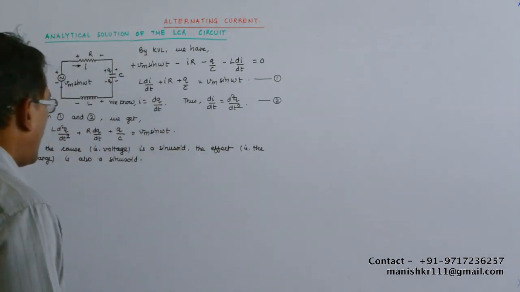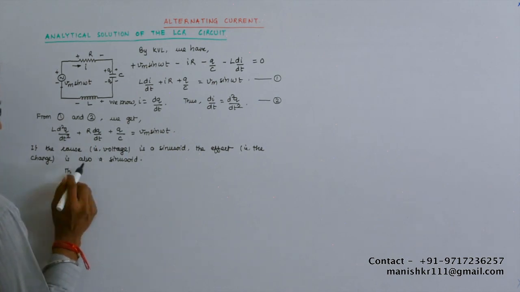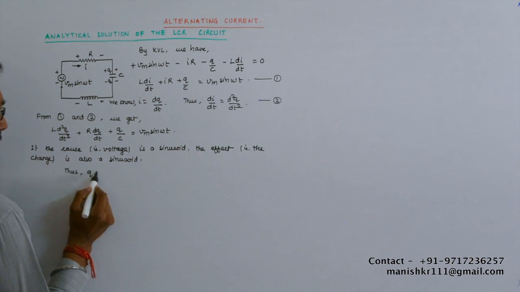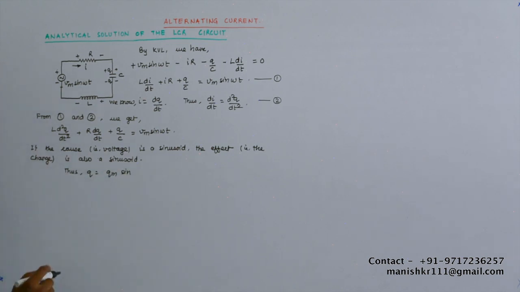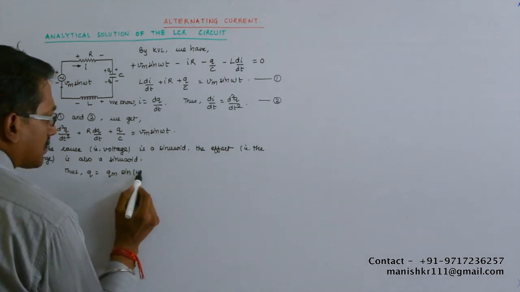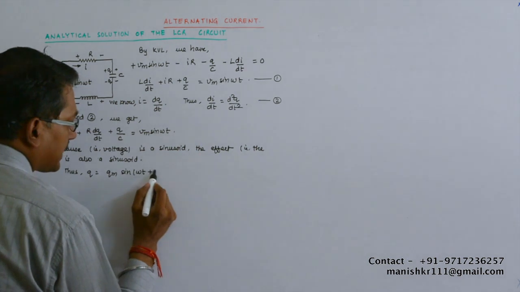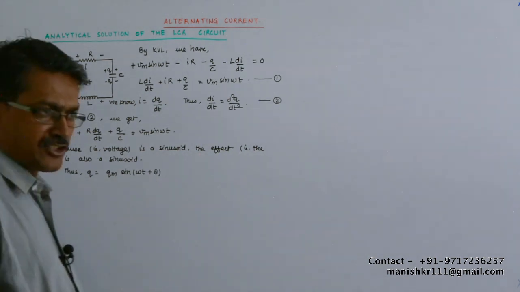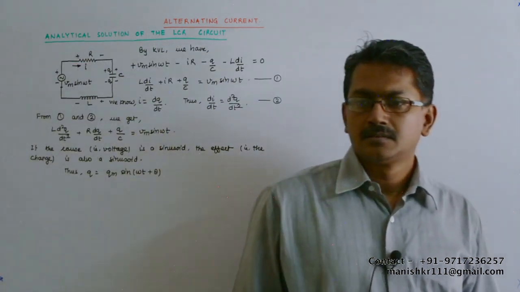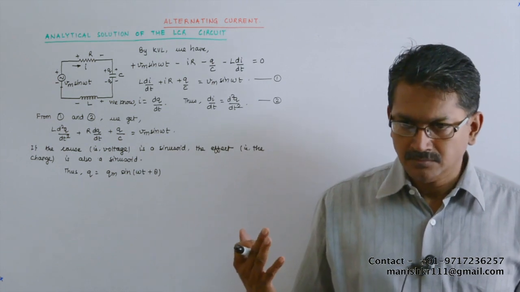Obviously, so I know that thus Q is equal to Qm sine omega t plus theta. You know, it is not essential that the effect is in phase. We have been seeing that, no?